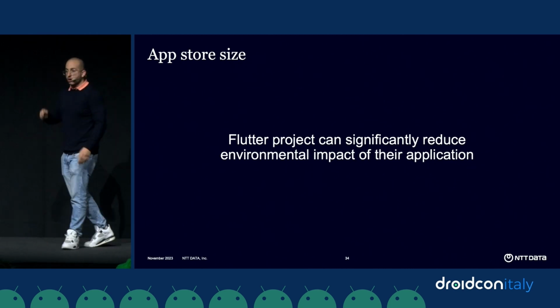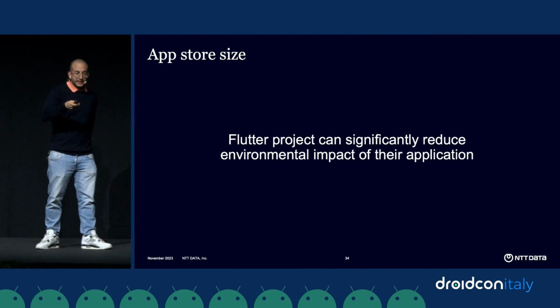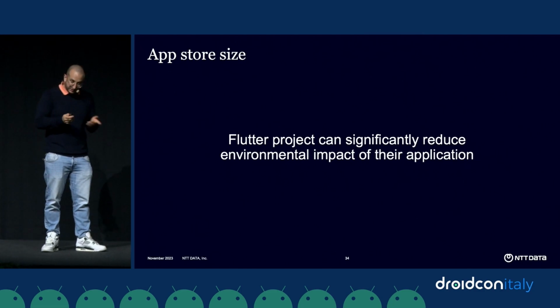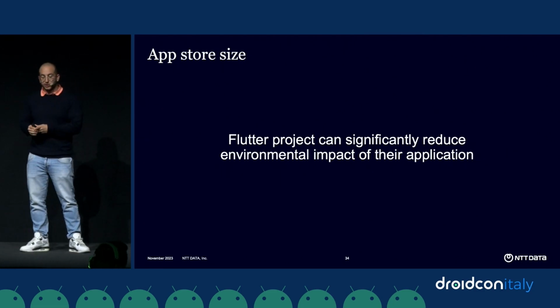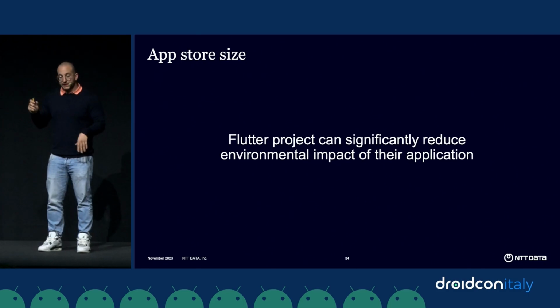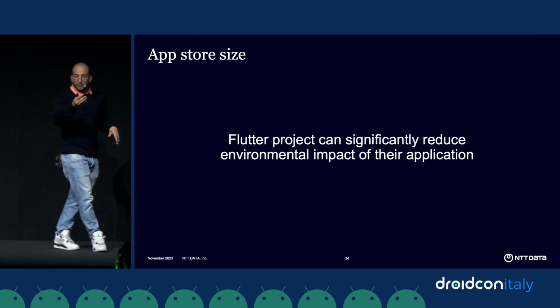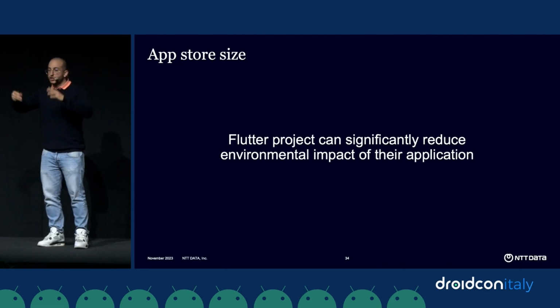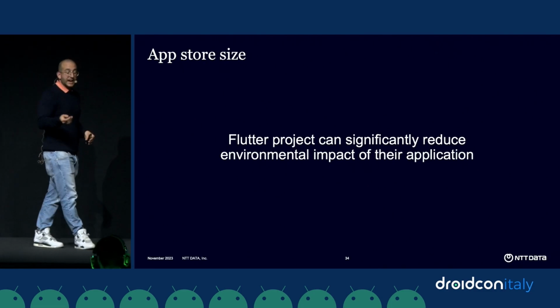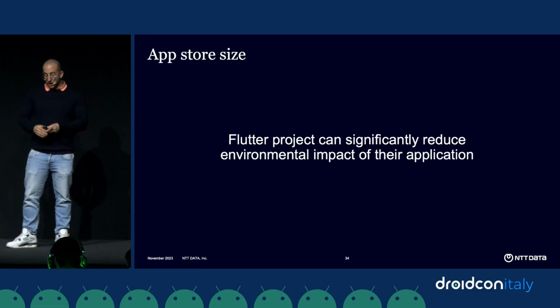For example, if you develop your unit tests, I told you that I'm a unit test lover, put them inside your test folder, not in the lib folder. Avoid deploying everything that is useless, because it creates a bigger size.